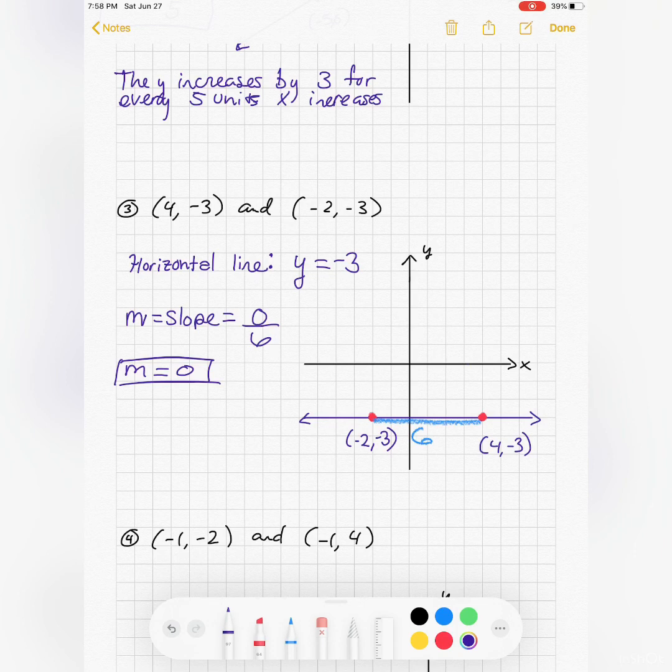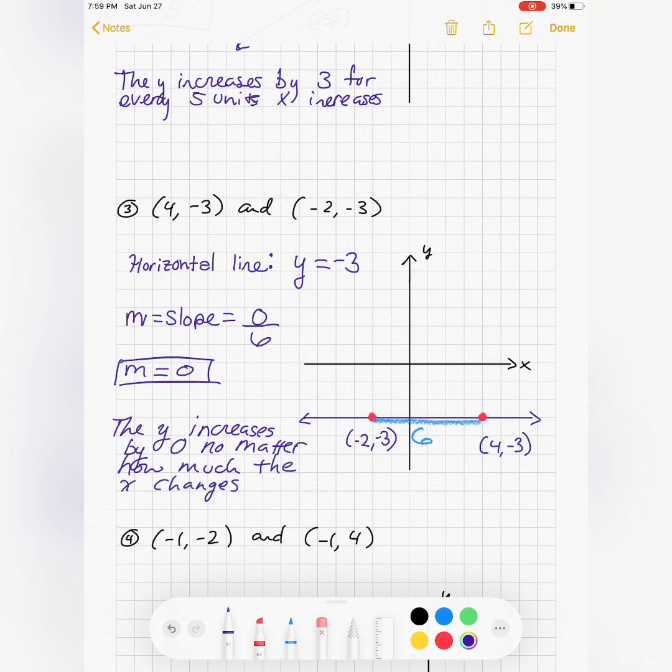So my interpretation there would be the y increases by 0 no matter how much the x changes. So I'm always stuck there on that horizontal line.